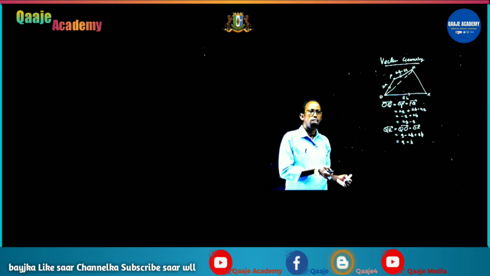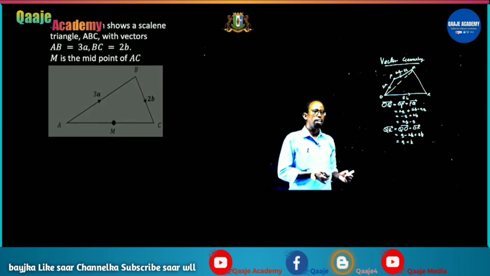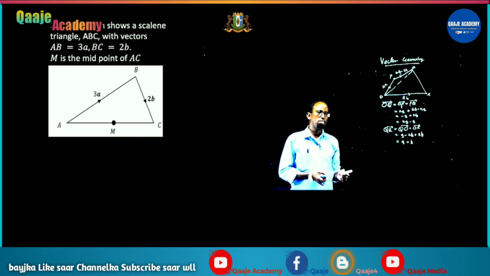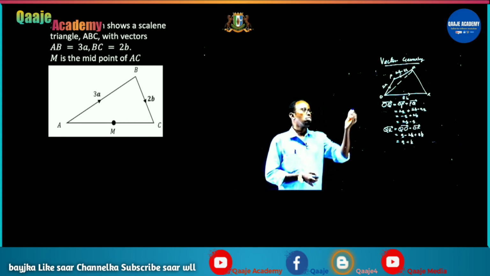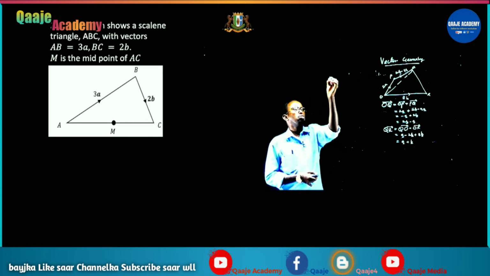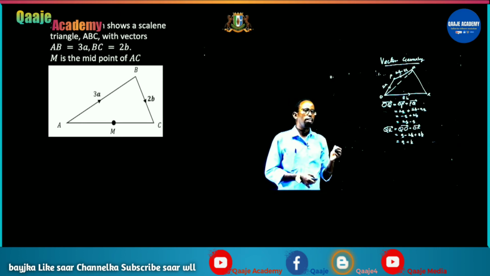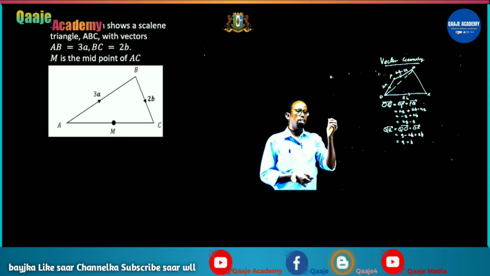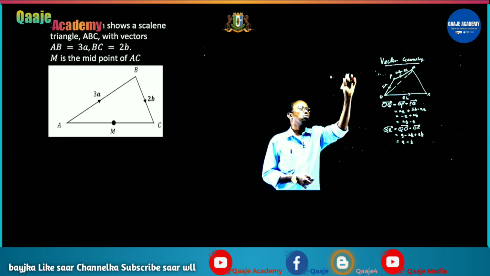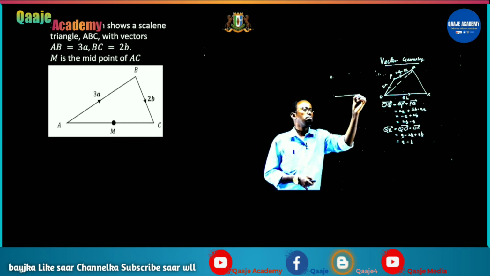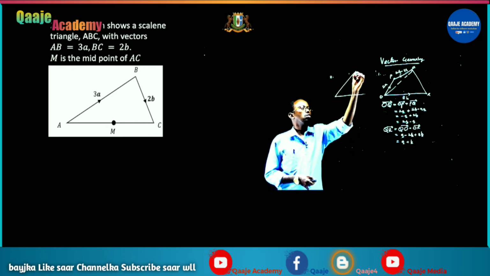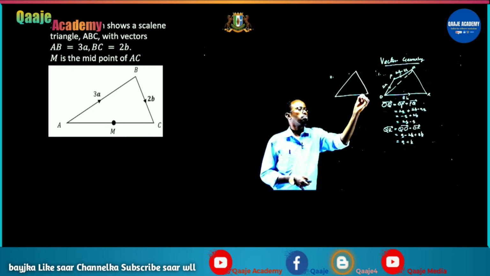Number 2: the diagram shows a scalene triangle ABC. AB is 3A, BC is 2B, and M is the midpoint. Let me try to draw the triangle.